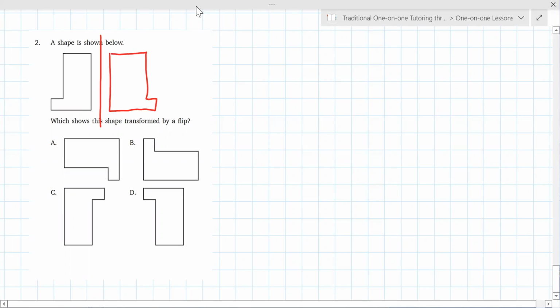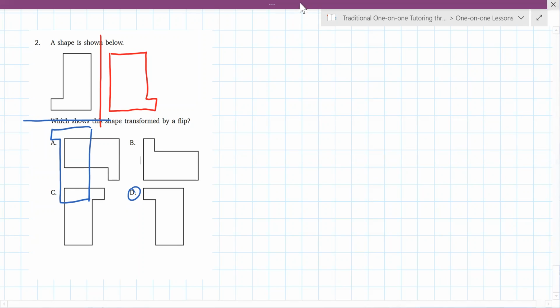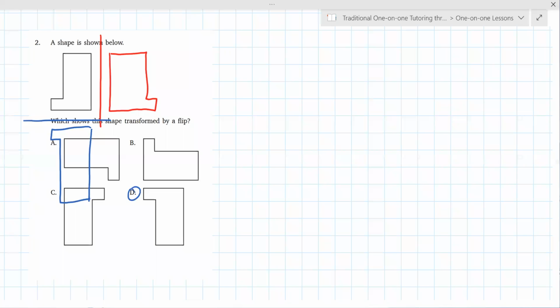If you use that line as a flip, you could do that. So yes, the answer D is correct, but there are multiple answers to this. You could flip it on its other end up here at the top, or the one on the left. Keep that in mind.